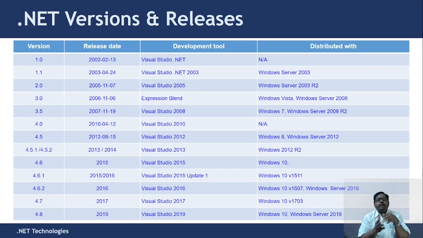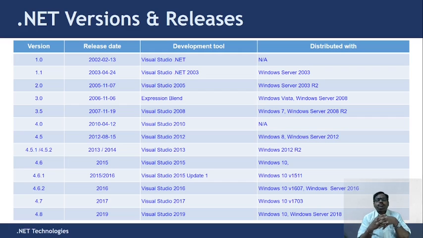All these frameworks have been enhanced over the years, and today we see there is a sophisticated framework that provides a wide variety of application development. You can just have a look at the versions and the release dates, and also the development tool. The development tool is nothing but the software that is used to design the applications.